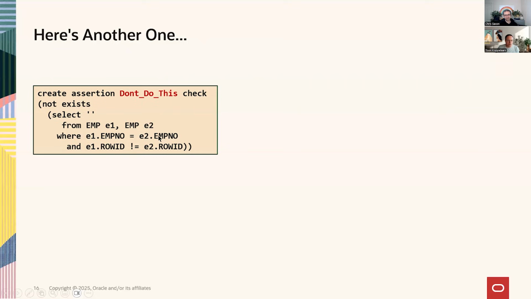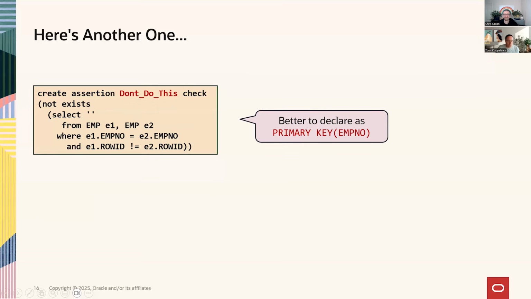The query is looking for two employees who have the same employee number yet are different rows. And we're going to say that that's not allowed to happen. So I cannot have two employees with the same employee number. That's basically a primary key, right?